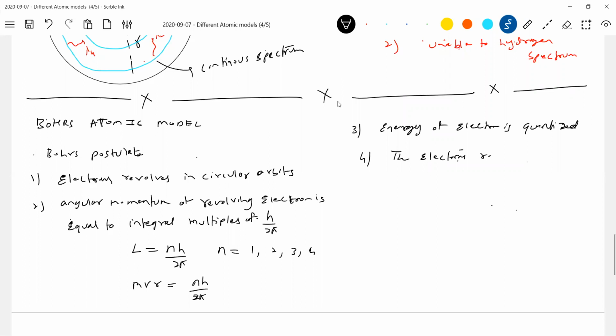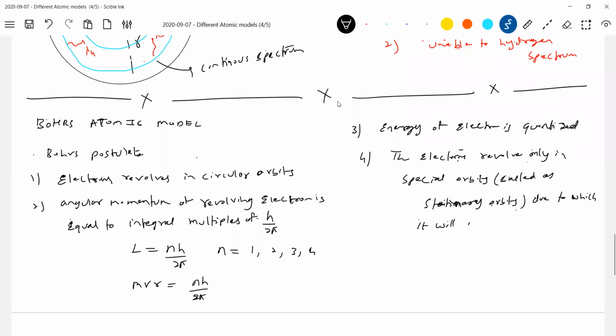The electrons revolve only in special orbits called stationary orbits, due to which it will not radiate.